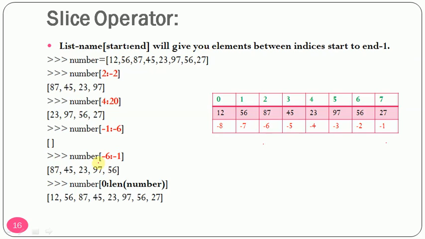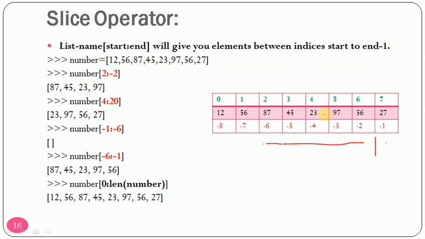Now next, num[-6:-1]. Minus 6 means this location, then minus 1 is this location. So up to here you need to go. The answer is 87, 45, 23, 97 and 56. Forward movement is possible, that's the meaning.